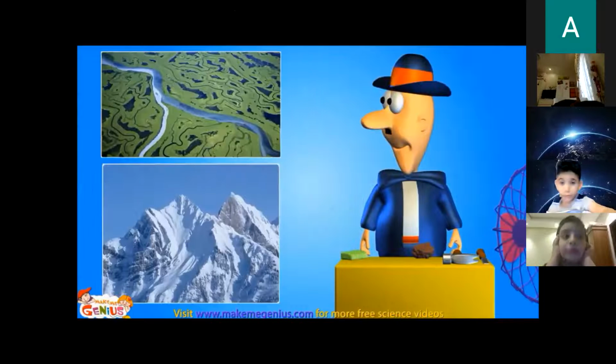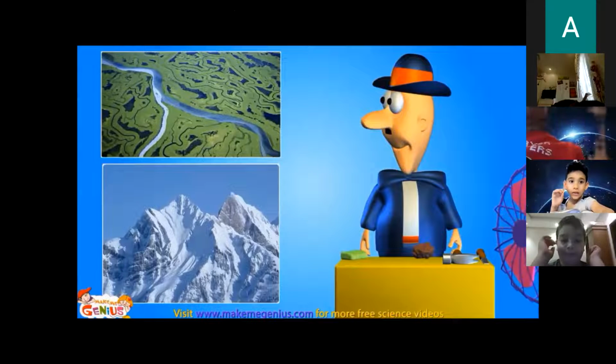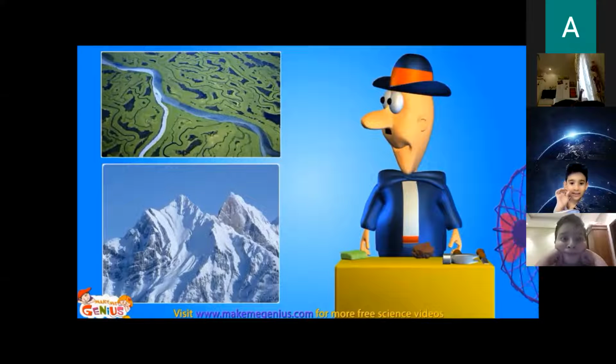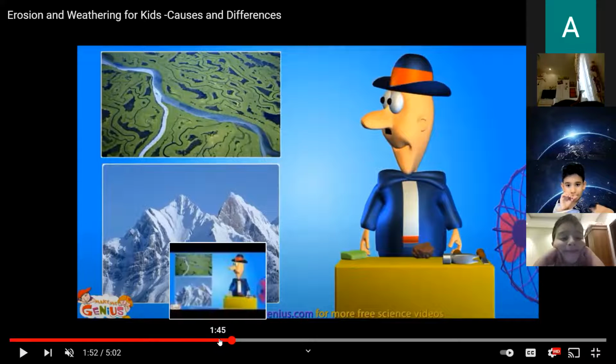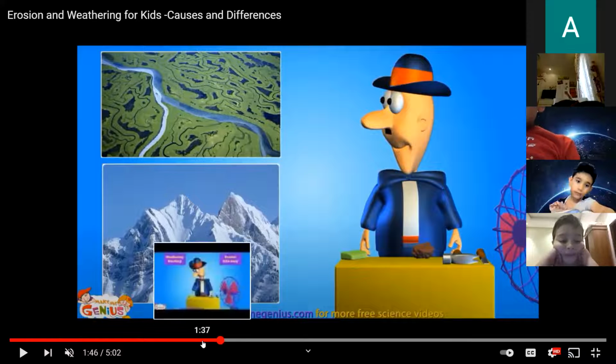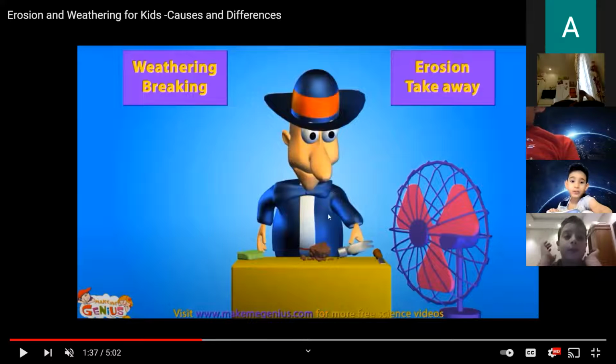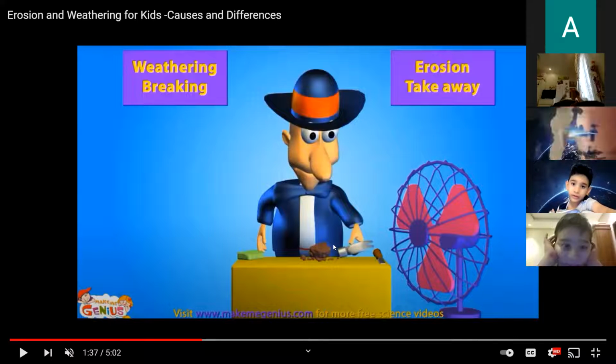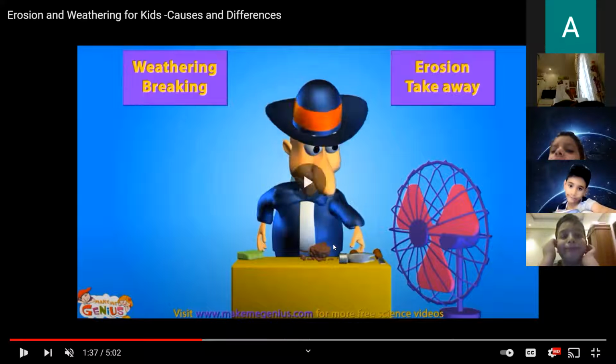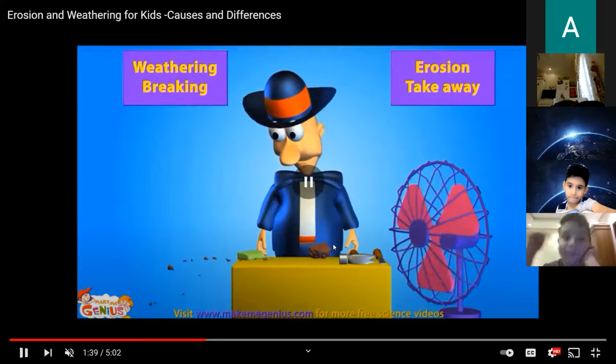And then the erosion moves the things. Okay, that's right. So weathering means to break down the rocks with the hammer, but erosion is when the fan moves away the small pieces of rocks.